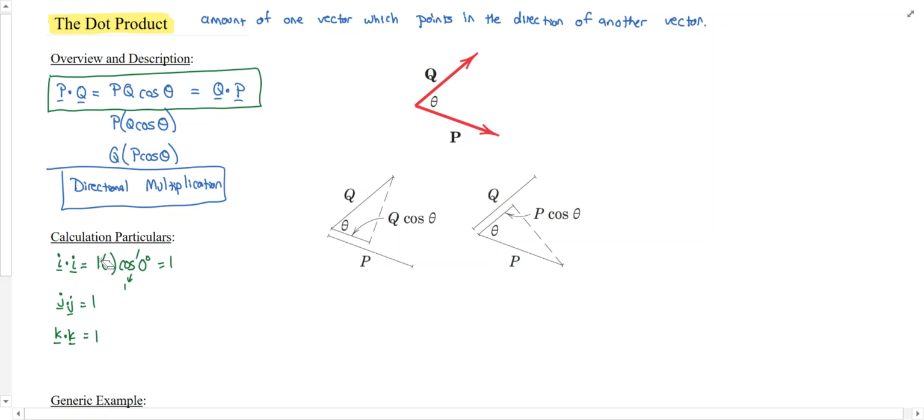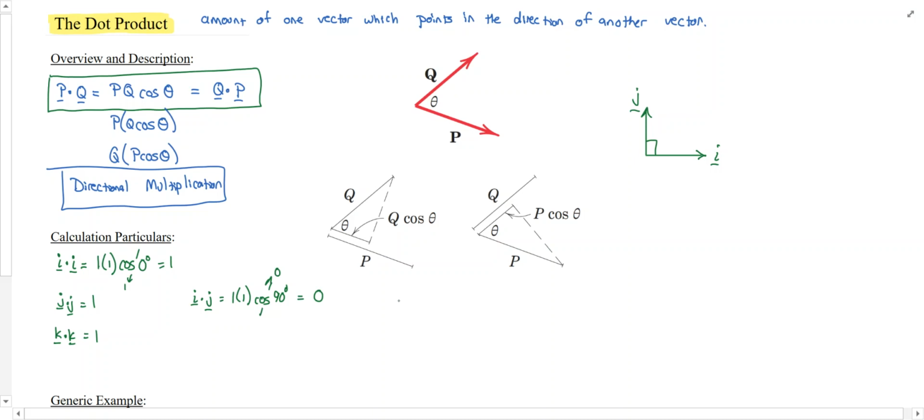Now, you also have I dot J. Well, this would be 1 times 1, but then the cosine of the angle between I and J would be 90 degrees. Remember, I and J are perpendicular to one another. So here's I, and here's J. This is 90 degrees. And so this is 0.